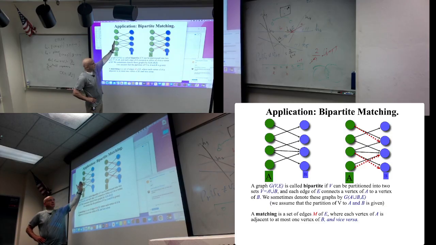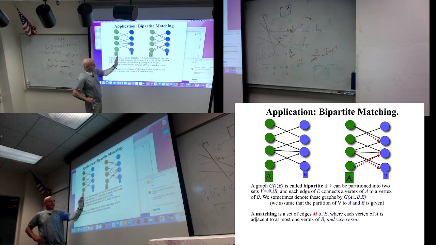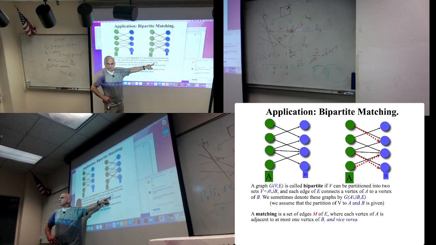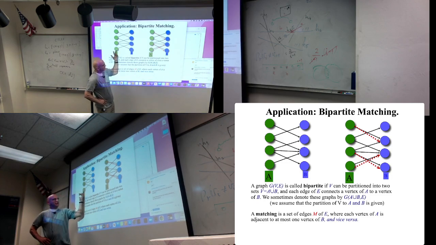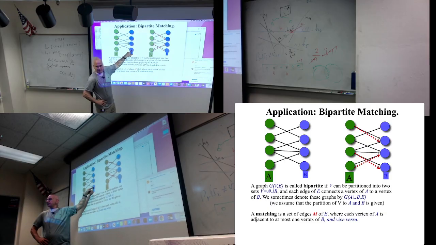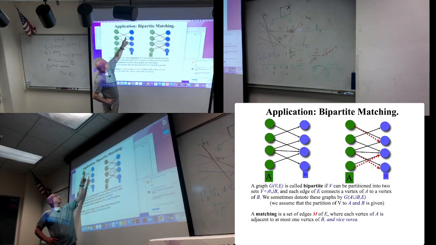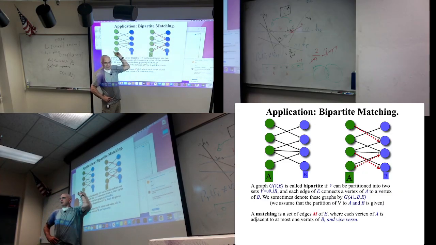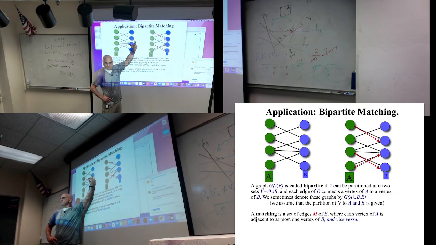I can break all the vertices into two sets, one is A, one is B, for example teachers and courses. I'll say that there is an edge between a teacher and a course if this teacher can teach this course. If this teacher cannot teach this course, then there is no edge in the graph between them.